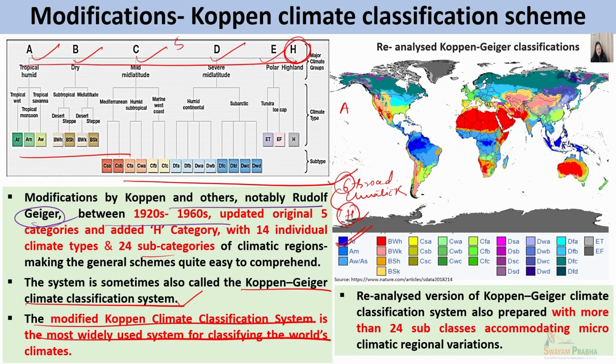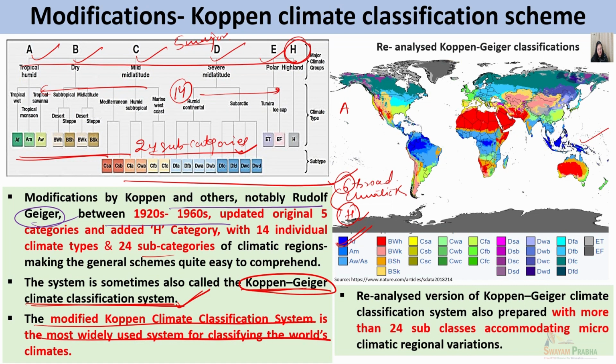The modified version has 5 major climate categories, 14 individual climate types, and 24 subcategories. Much of the modification came from his predecessors also, which is today called the Koppen-Geiger climatic classification system. And it has been widely mapped with all the 24 subclasses provided in the Koppen-Geiger classification scheme.